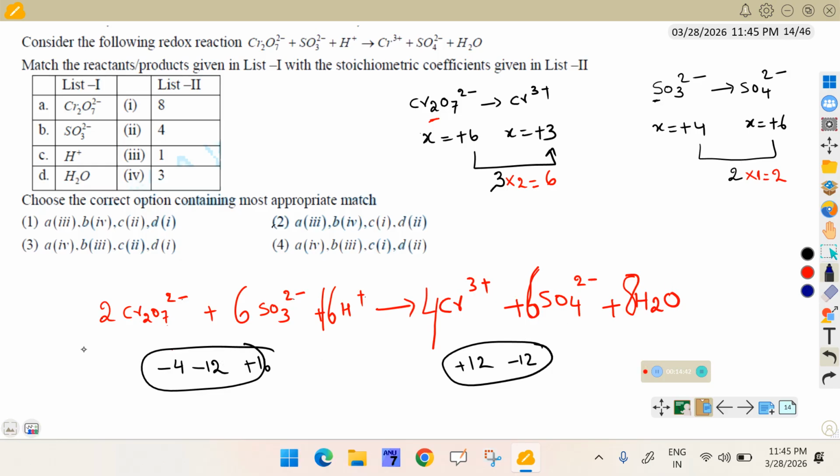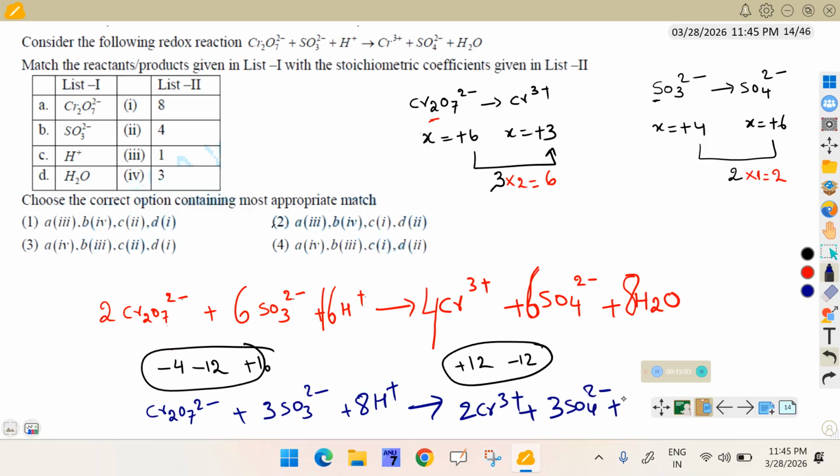Now the simplest ratio is also possible. The entire equation is divided by 2. Then Cr2O7 2 minus plus 3 SO3 2 minus plus 8 H plus gives rise to 2 Cr3 plus, 3 SO4 2 minus plus 4 H2O.